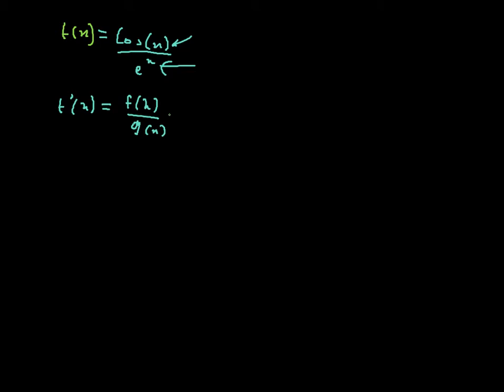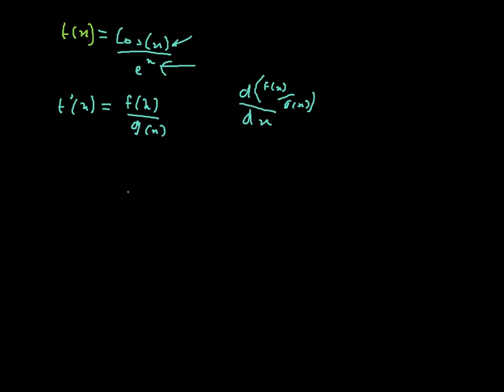So what will be the dy by dx, or the d by dx of this function? What will be the derivative of the function where two differentiable functions are divided by each other? Here comes the quotient rule.